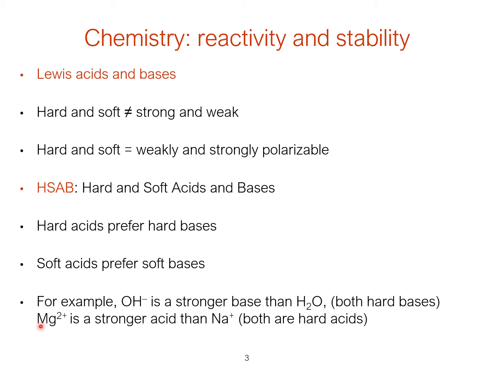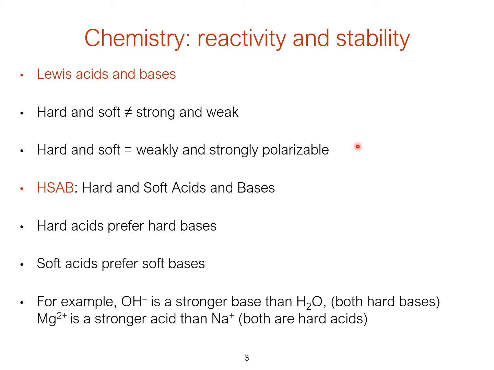And likewise, magnesium 2+ cation is a stronger acid than sodium 1+ cation, but they're both hard acids, even though these aren't transition metals, so we're not actually going to come across them. But it's just an example. We're not talking about strong and weak. What hard and soft actually mean is weakly and strongly polarizable, or polarizing, depending on whether we're talking about the acid or the base.